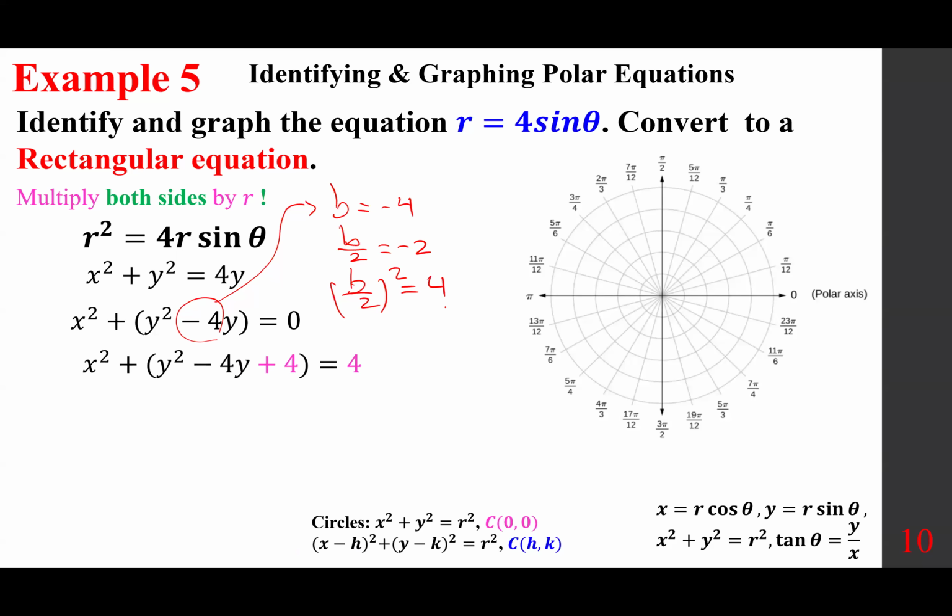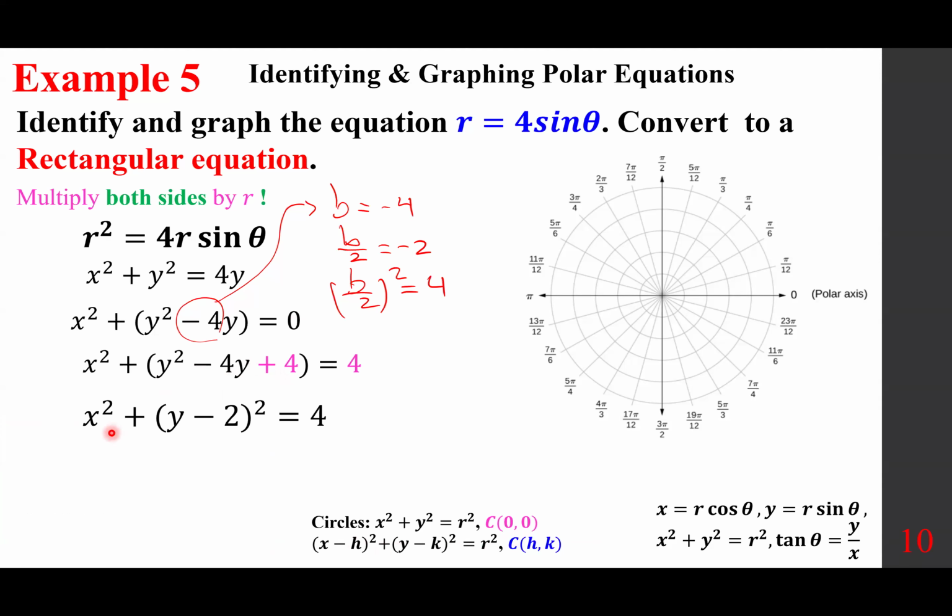We are going to add 4 to both sides. So over here, we use the variable y with b over 2, which is -2. So this would be y minus 2 quantity squared. The rest are unchanged.